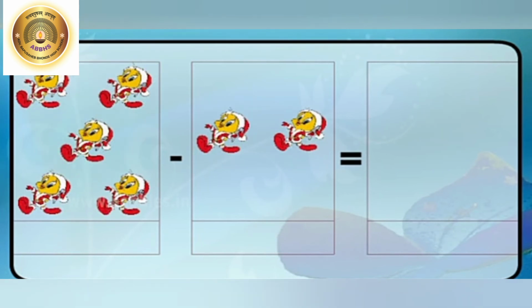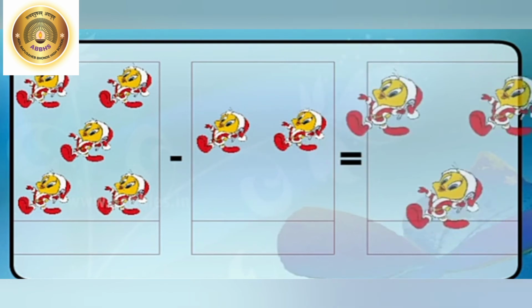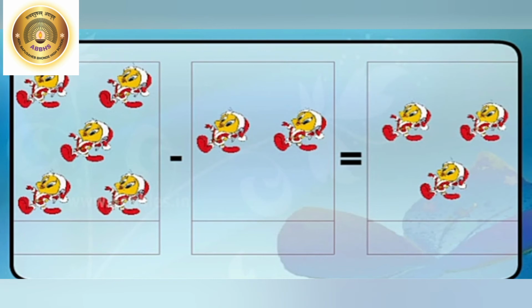There are 5 tweeties. 2 flew away. How many are left? Yes, 3 remain. We will write it as 5 minus 2 is equal to 3.